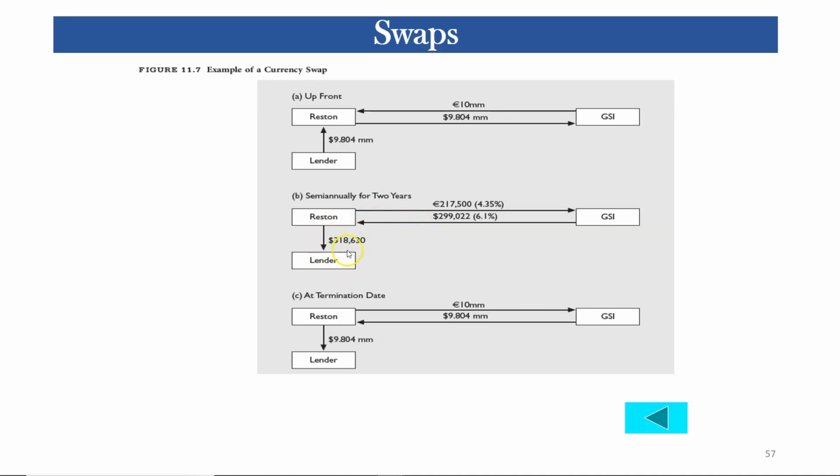Note that Reston is making a higher payment here to the lender than what it receives in the swap. It is indicating that Reston has higher credit risk compared to GSI in the swap transaction. Now, at termination, we see that the cash flows in the swap are again exchanged, and Reston uses the cash flow received from GSI in the swap to settle the debt with the lender.